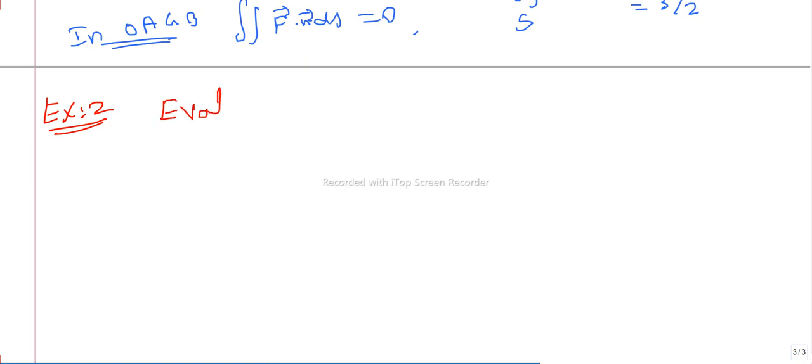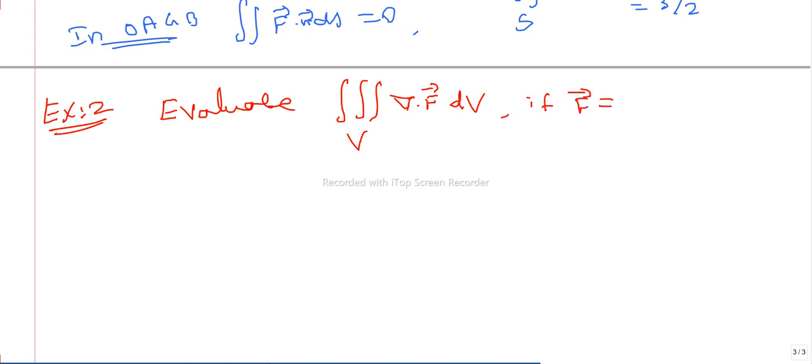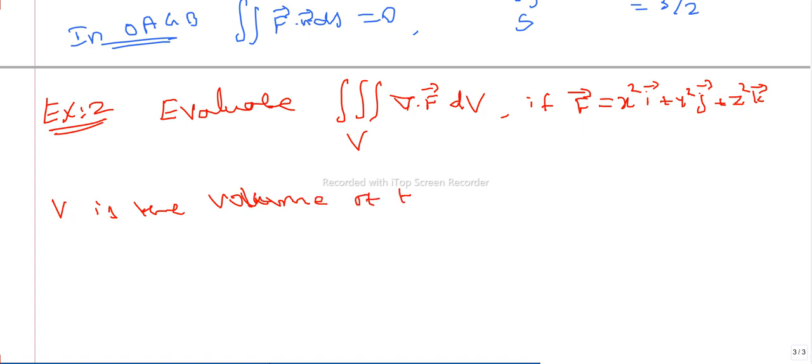Evaluate the triple integral over the volume V of del dot F dv, where F vector is x square i vector plus y square j vector plus z square k vector, where V is the volume of the region enclosed by the cube.